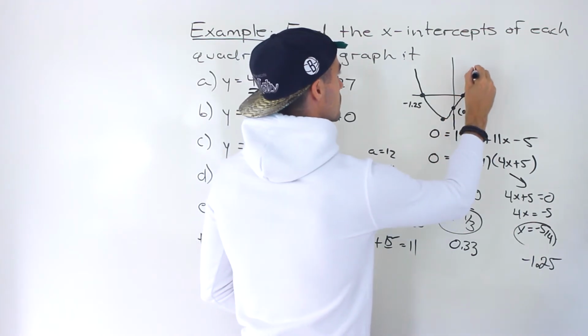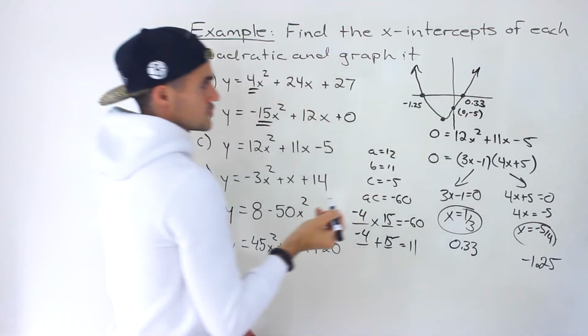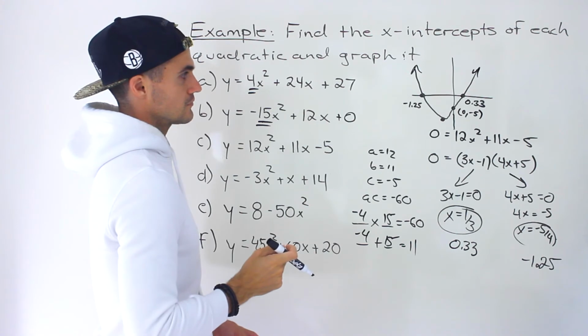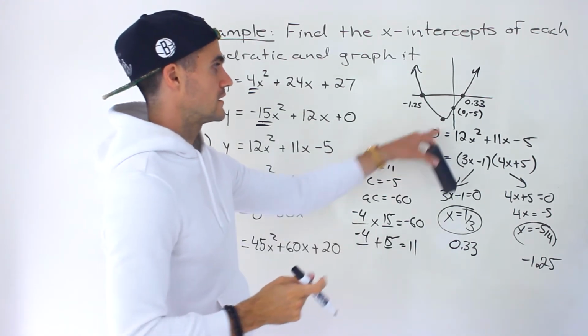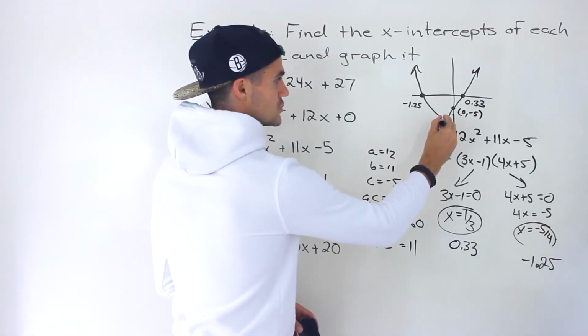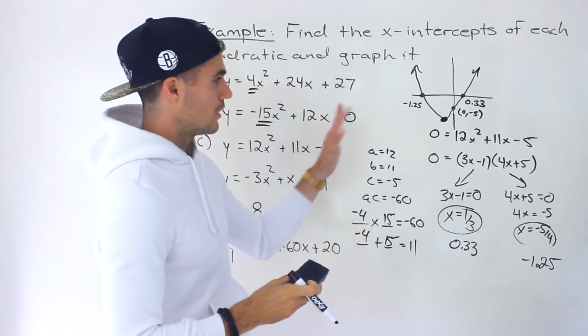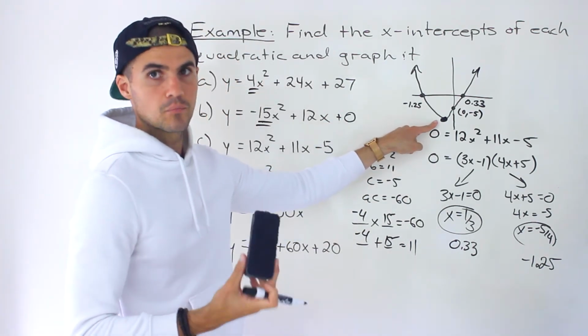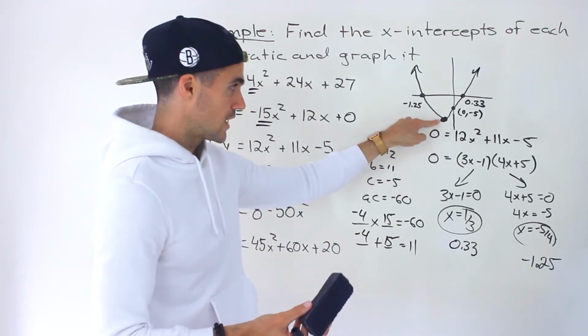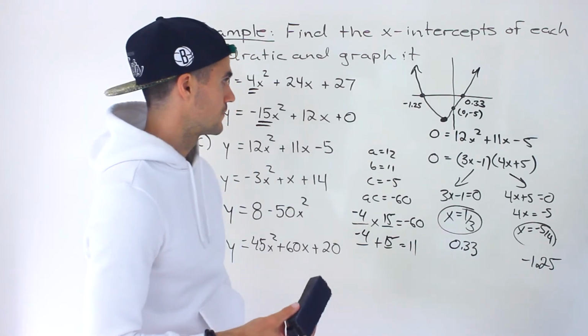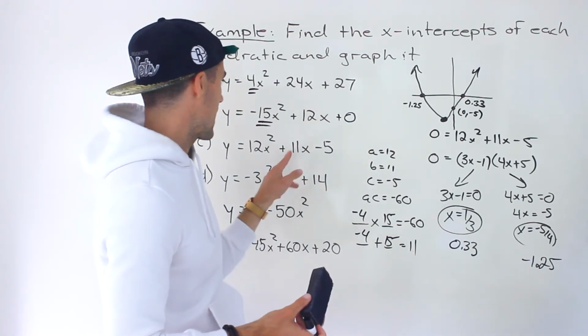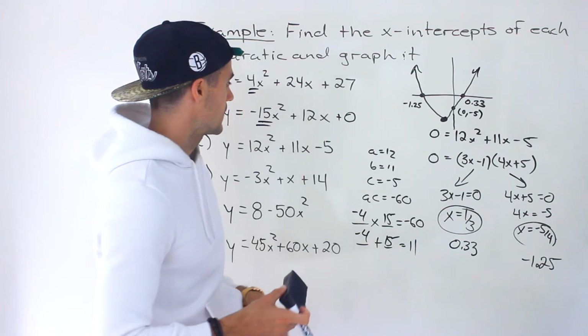Okay, and that's how the quadratic is going to look. Okay, so again, we're not finding the exact location of the vertex, but from all of this information, you can get an approximate location here on the graph. Okay, so that's how the graph for part C is going to look.